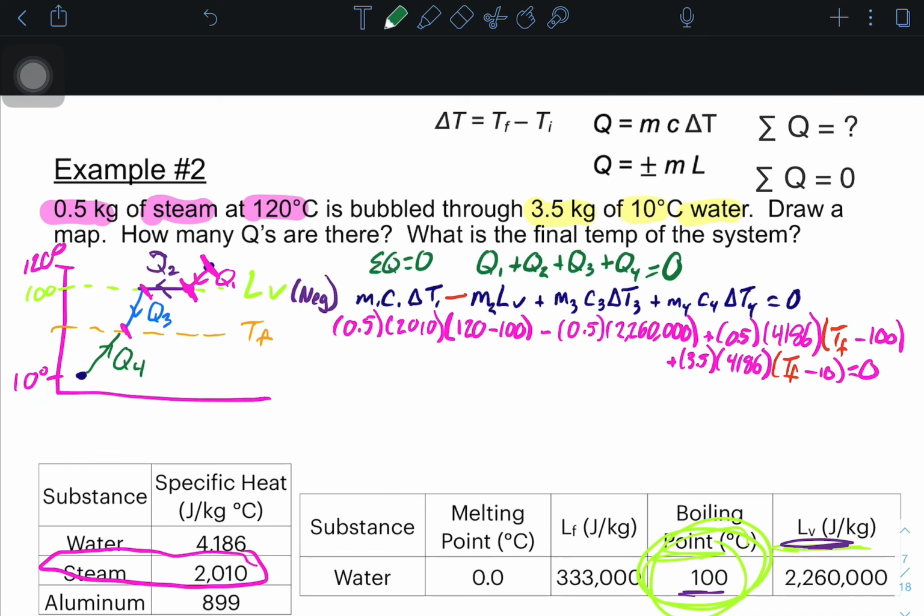So now we start going through. Q1 is going to be negative 20100. Q2 is going to be negative 1130,000.